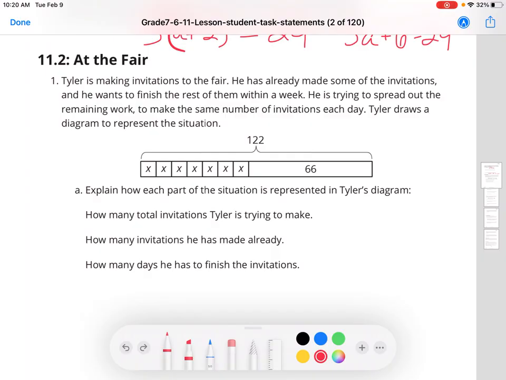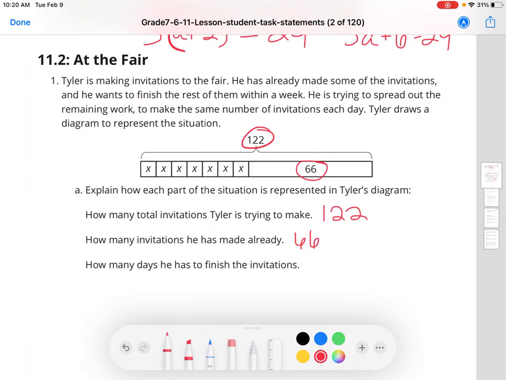So we have how many total invitations Tyler is trying to make. So here 122 is what represents the total invitations. How many invitations has he made already? What tells us that he's already made some, so this 66 is going to represent how many invitations have already been made.